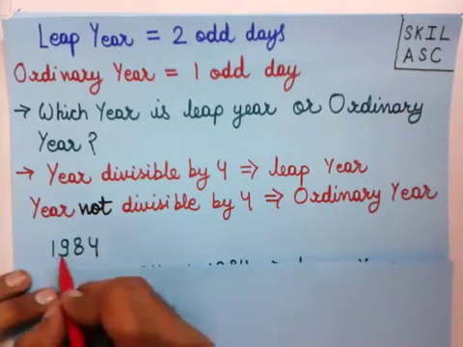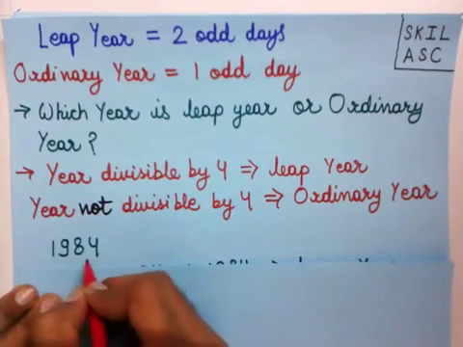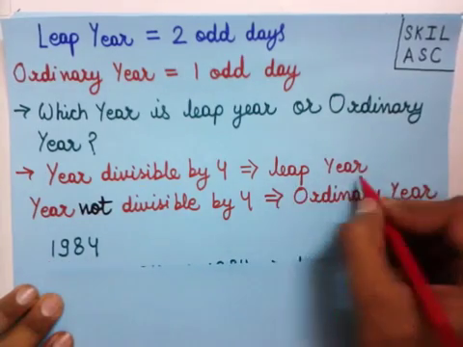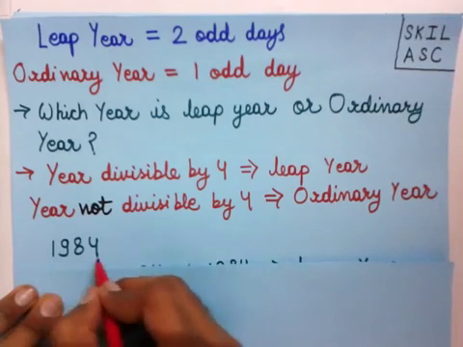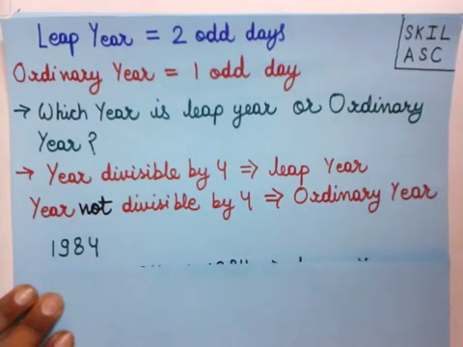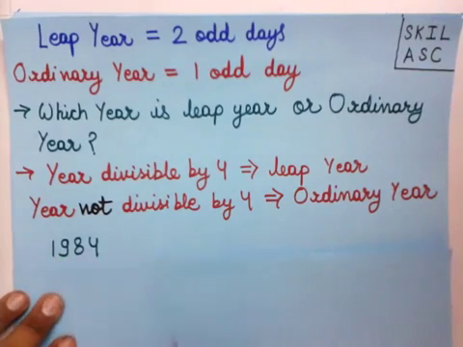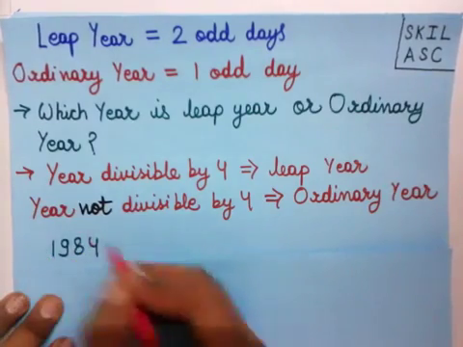Suppose we have the year 1984, and now we divide it by 4. If it is divisible by 4, then this year will be a leap year, and if this year is not divisible by 4, then this year is an ordinary year. So we check it by dividing this year by 4. Now you must remember that you don't need to divide this complete number by 4.